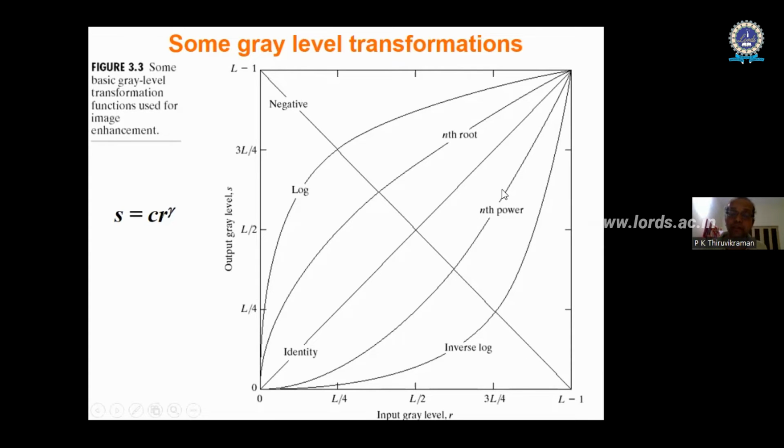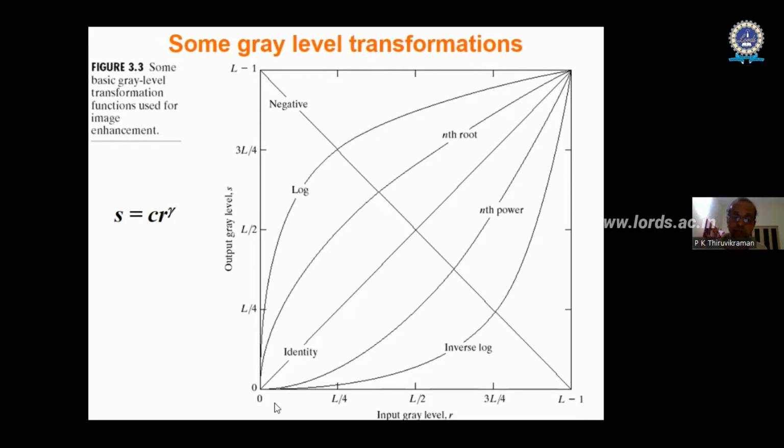If you increase the power, this gamma is the power, it becomes steeper and steeper. What is happening here is that if you take this nth power, and let's say the middle is here, L by 2. In our case, L by 2 will be 128.